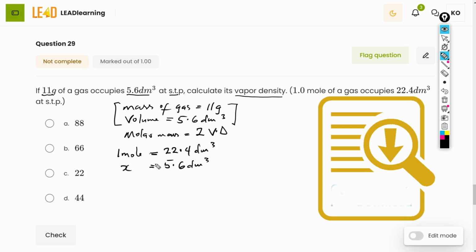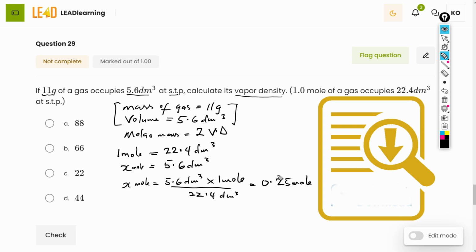If we work that out, it will be 1 times 5.6 divided by 22.4. That's x mole is equal to 5.6 dm cube times 1 mole divided by 22.4 dm cube, and this would give us 0.25 moles. So we now know that 0.25 mole of this gas will occupy 5.6 dm cube.